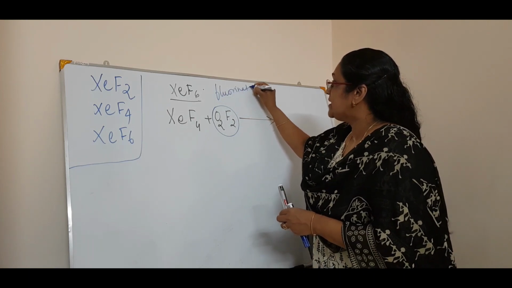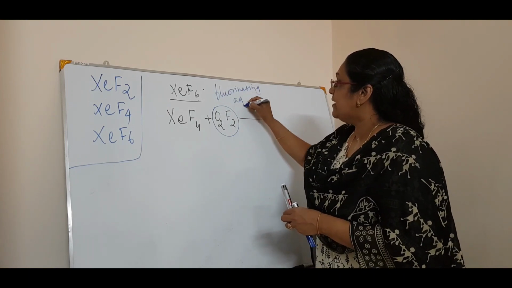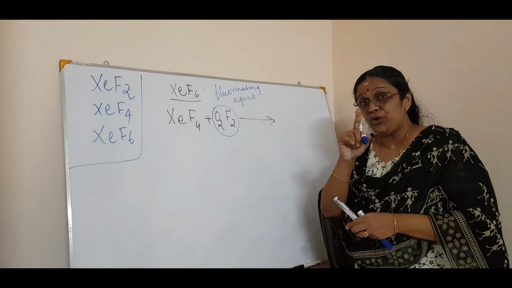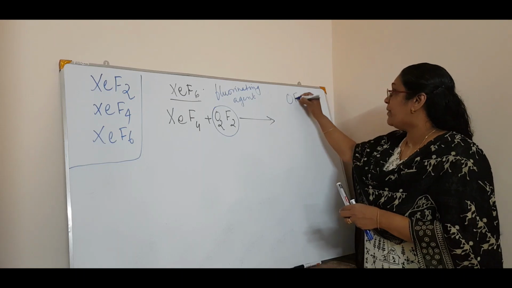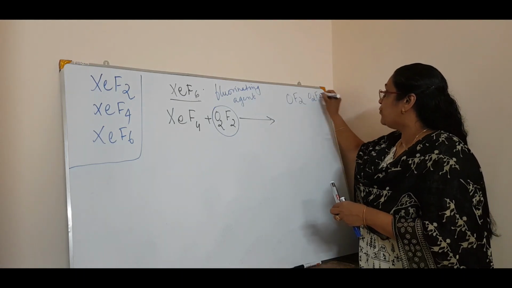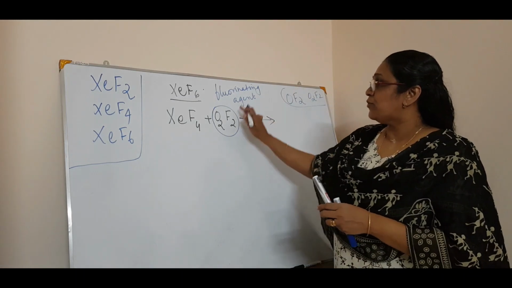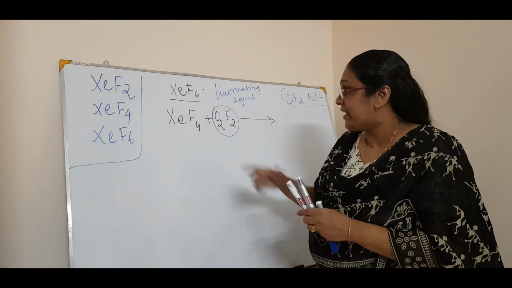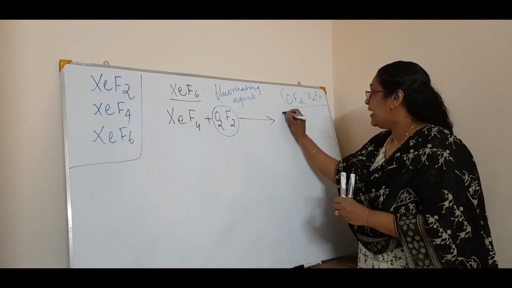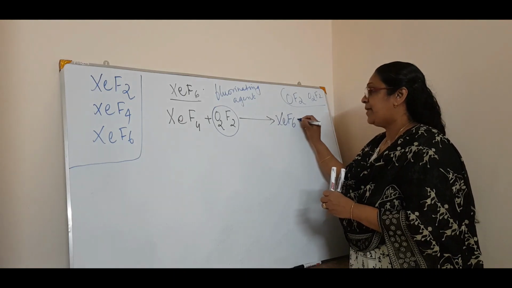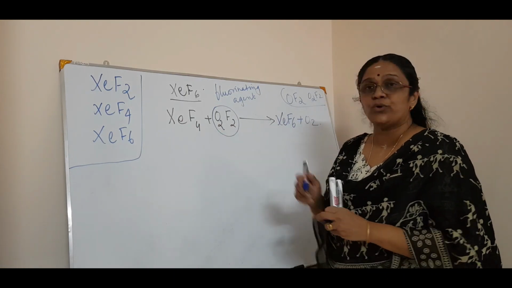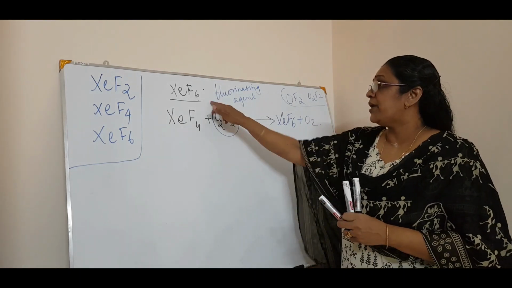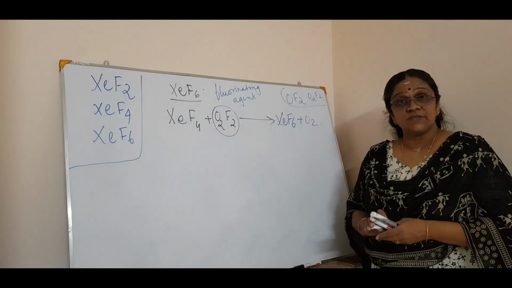That is why last session I told you, in oxygen with halogens it will form 2 halides, remember OF2 and O2F2. So it will give fluorine, and it forms XeF6 plus O2. It's very simple: XeF6 plus O2. So this is how you can prepare XeF6.